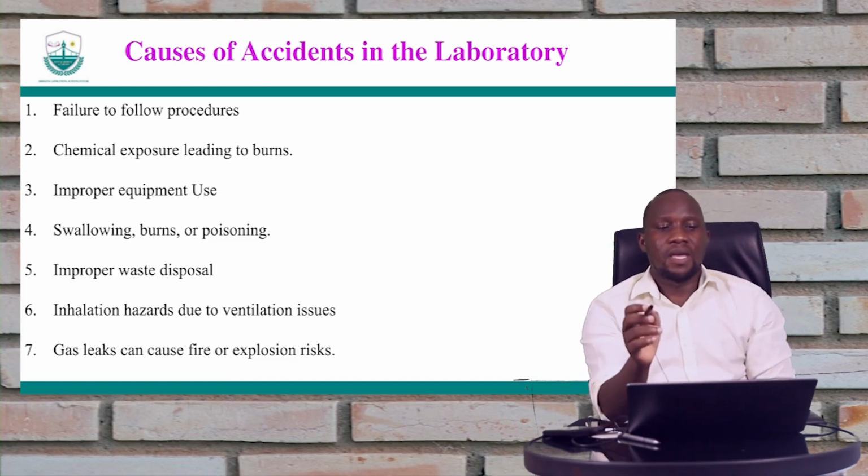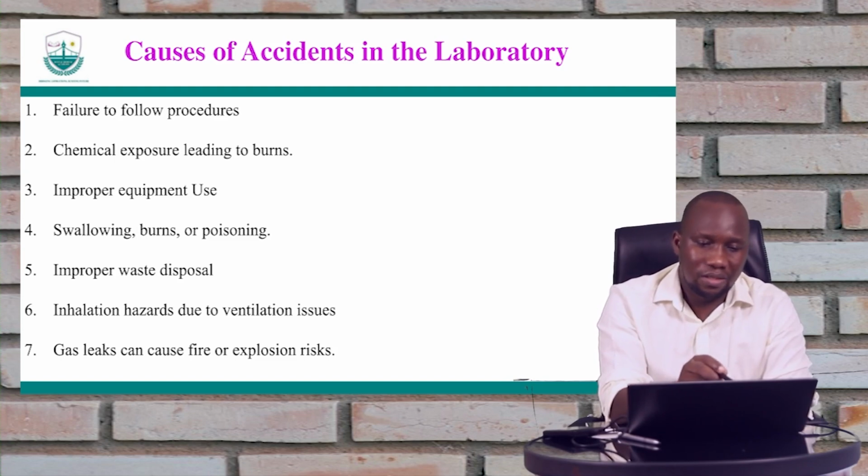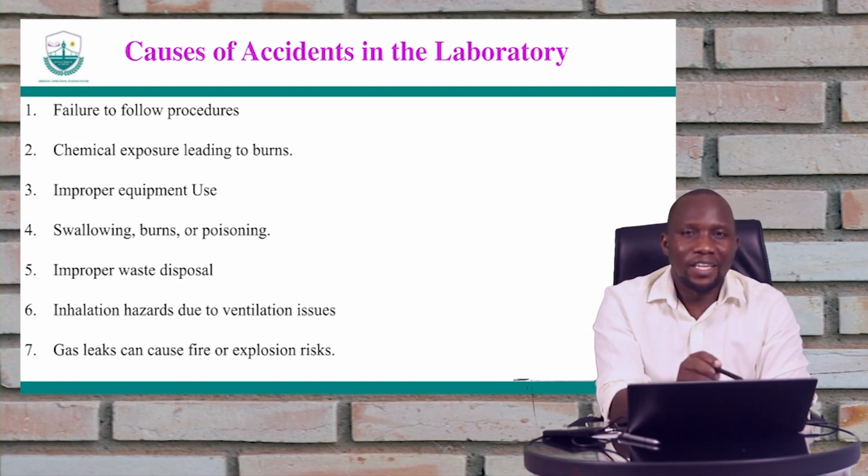So the first, if you don't follow instructions, problems. That's why we need to read the instructions about the experiment and also hear from the teacher. What guidance is he providing? If you just touch any chemicals around, you'll be exposed to them and you have burns.